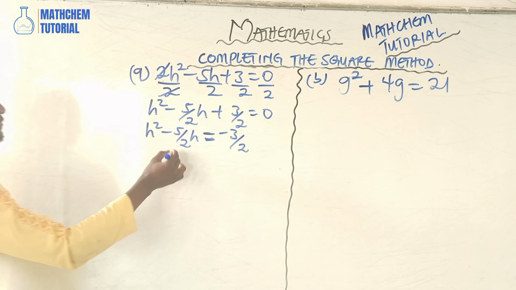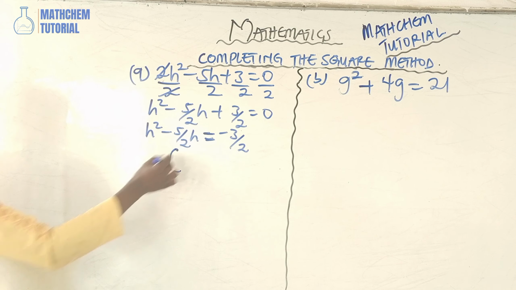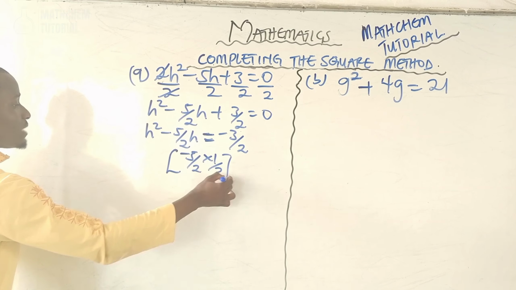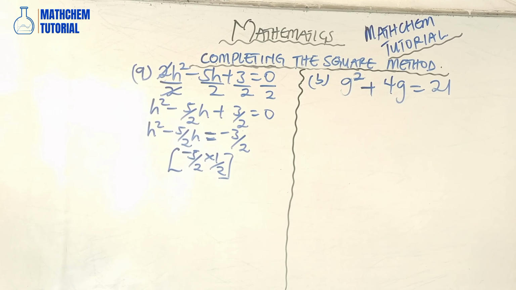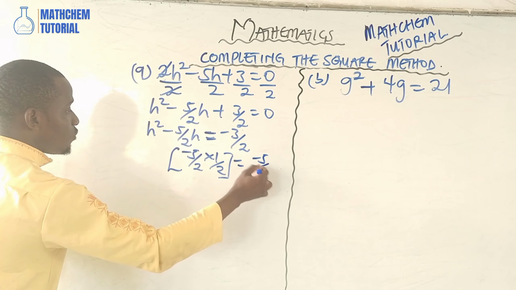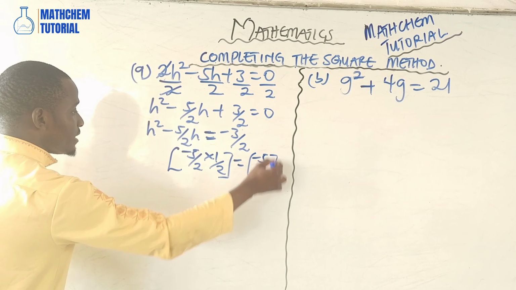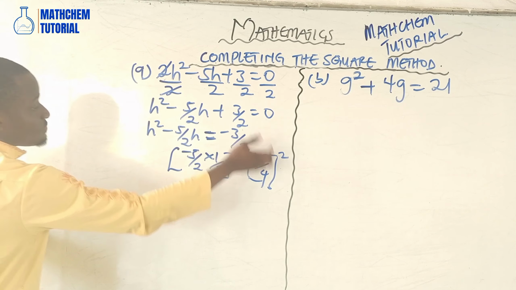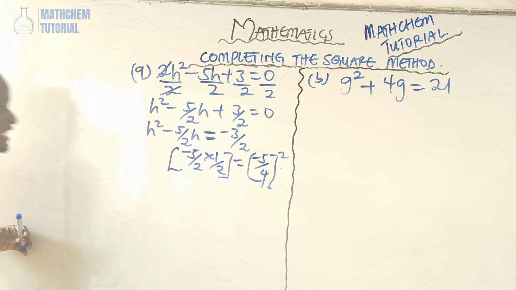So half of -5/2 is just -5/2 times 1/2. So that is the half. If the half is -5/4, then we square it by just putting the square like this. So we have it as (-5/4)². Leave the expression like this.